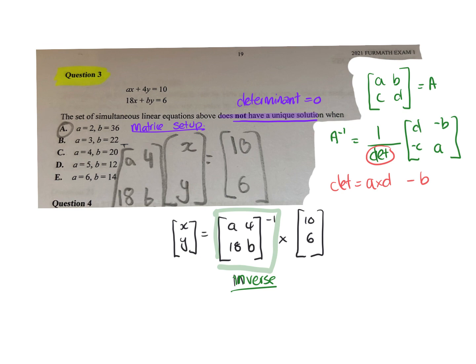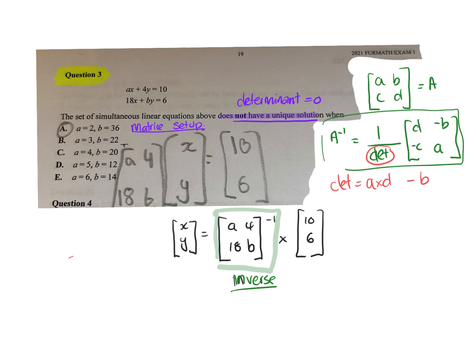Okay, so what happens is, because this formula for the inverse has the determinant in here, that bit under the fraction, if it equals 0, that's why we can't have a unique solution, because if you have a fraction with 0 on the bottom, it can't be done.